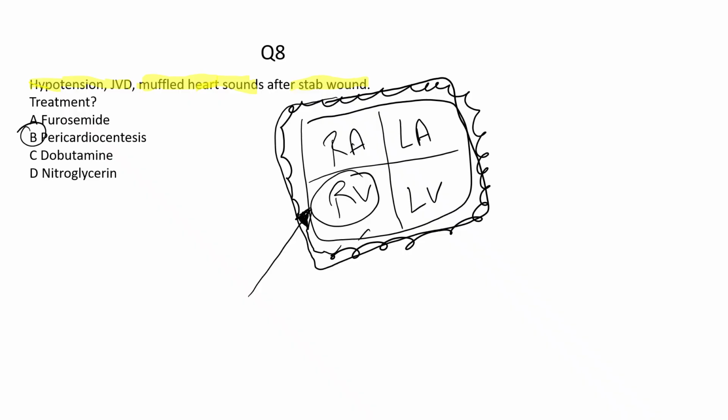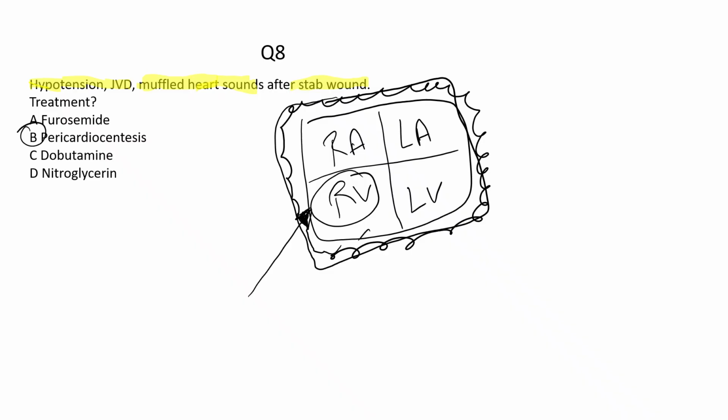Furosemide, that would be if you're having cardiogenic shock and you need to get fluid off the patient. Dobutamine, again, it's more of a cardiogenic shock. Nitro is more of a cardiogenic kind of shock etiology where you want to decrease preload.